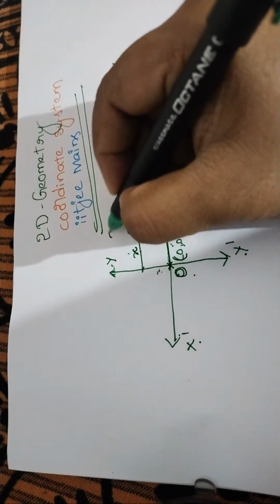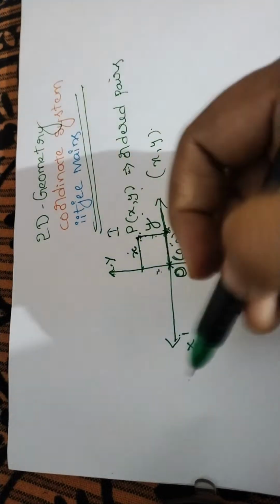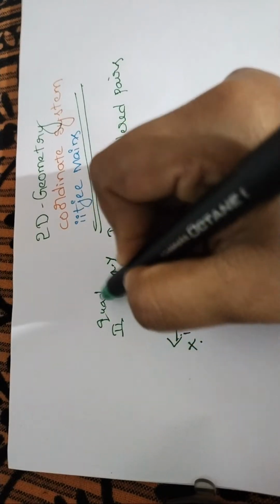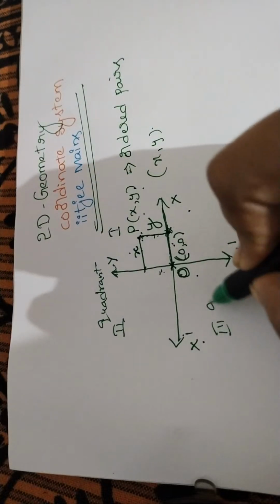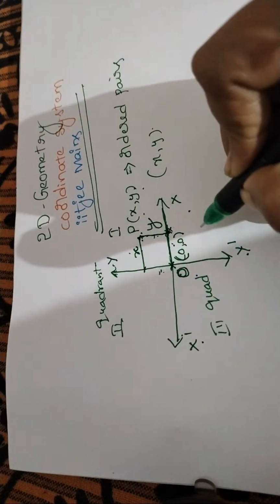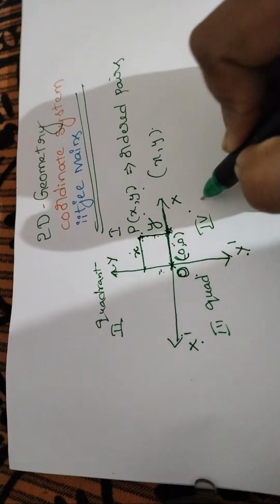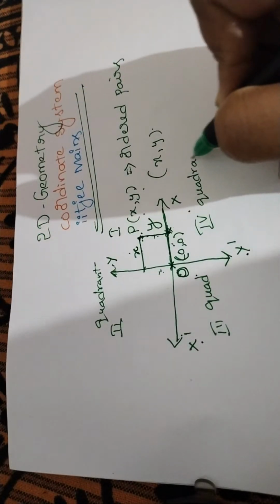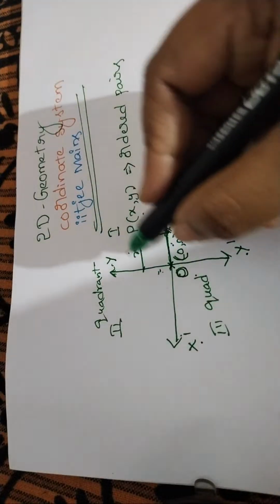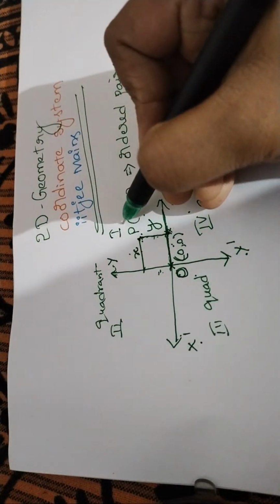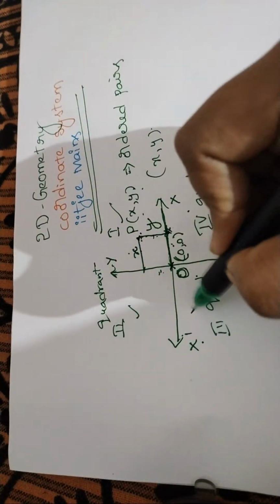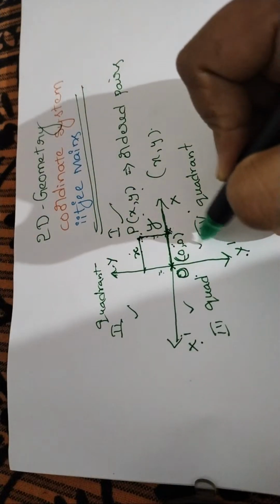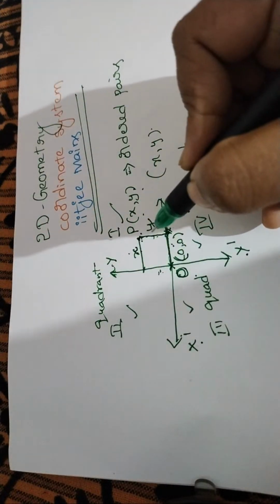So the first one is the first quadrant, the second one is the second quadrant, this is the third quadrant, and the last one is the fourth quadrant. So the system is divided into 4 quadrants.